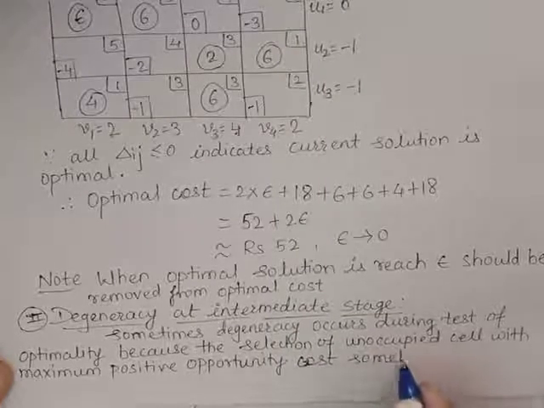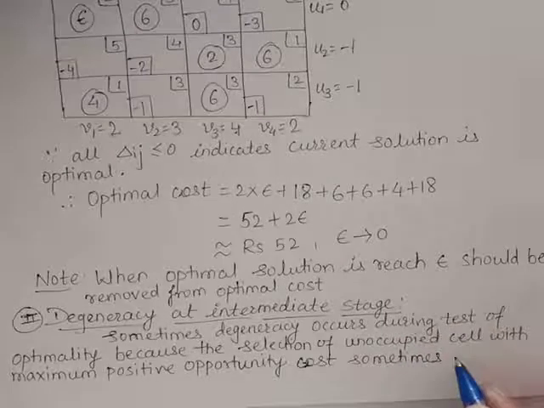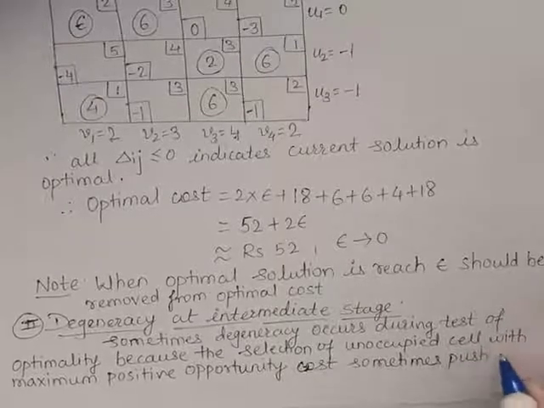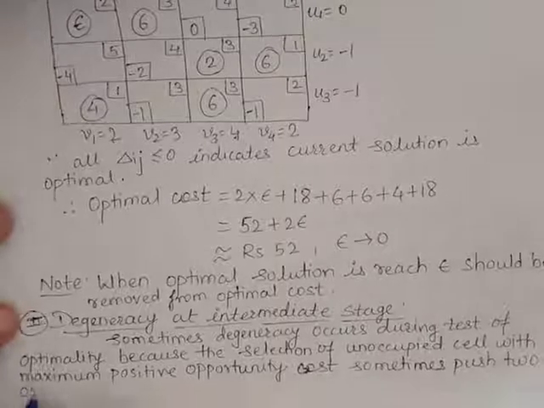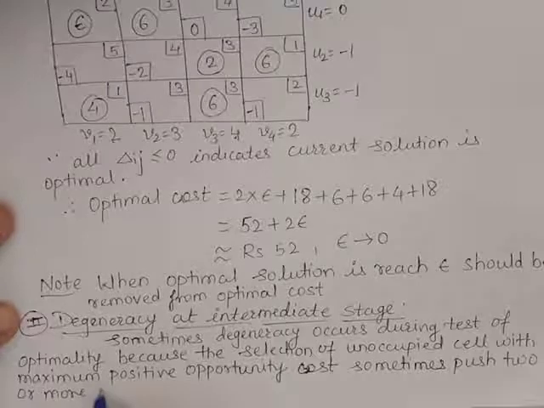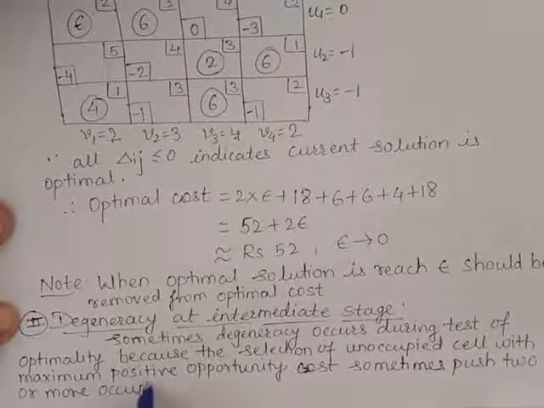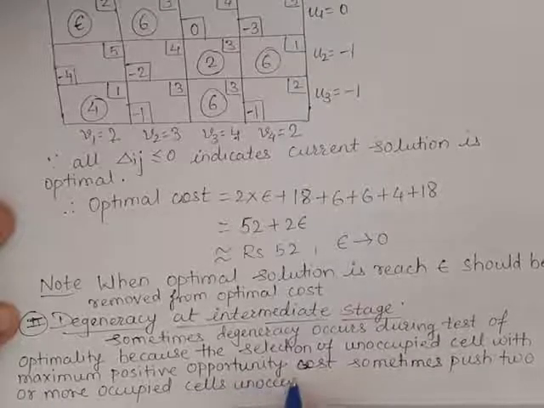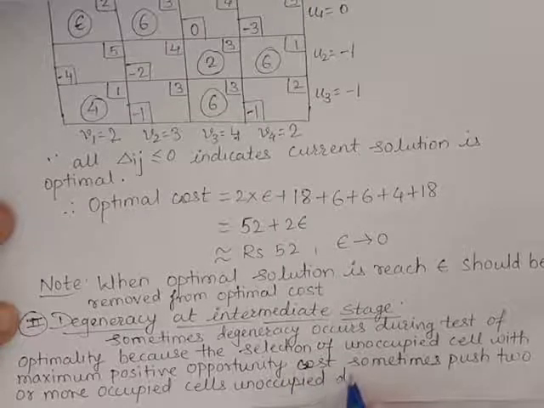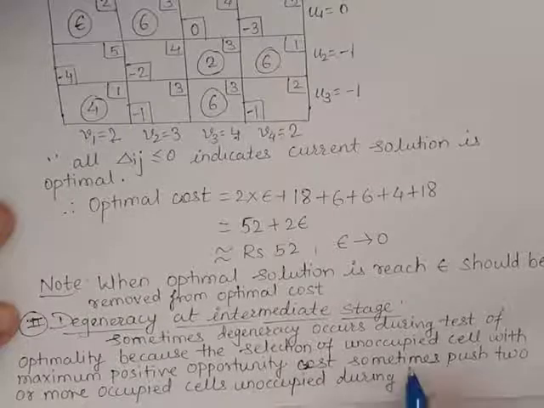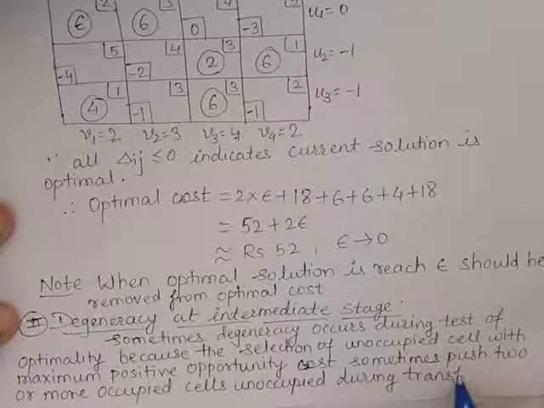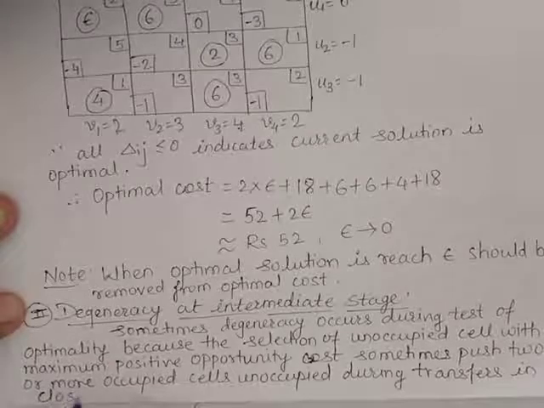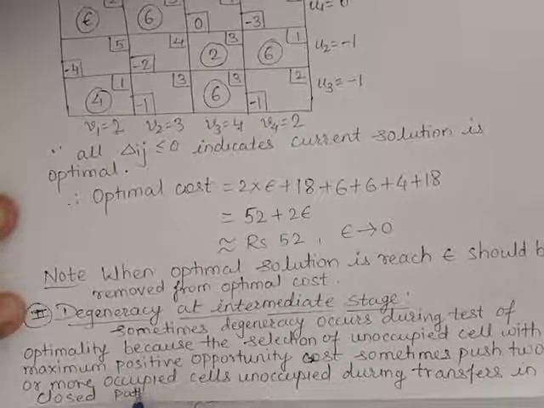Sometimes two or more occupied cells become unoccupied during transfers in a closed path.